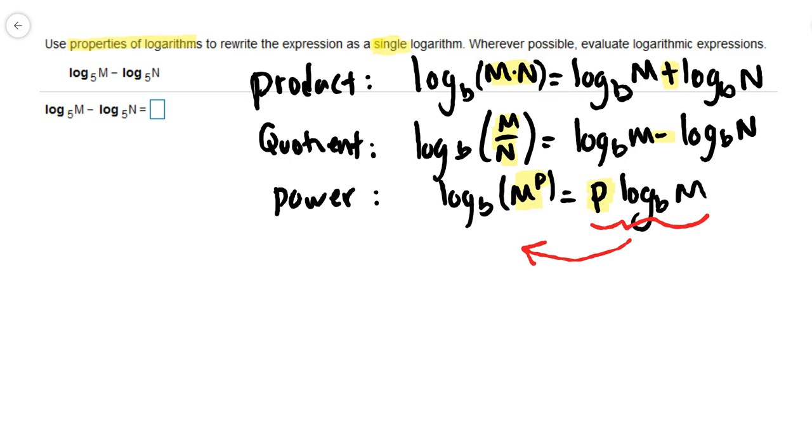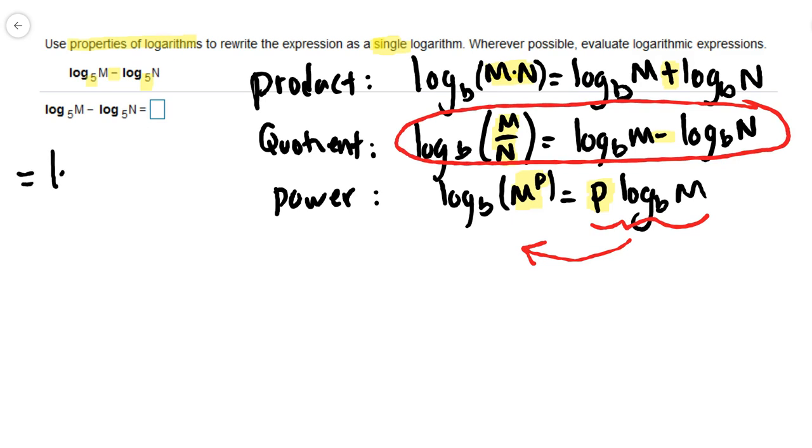So looking at my example, the example we're given is log base 5 of m minus log base 5 of n. We're allowed to condense to a single logarithm because they have the same base, and I notice a subtraction between these logs, and so I'm going to be using the quotient rule to condense.